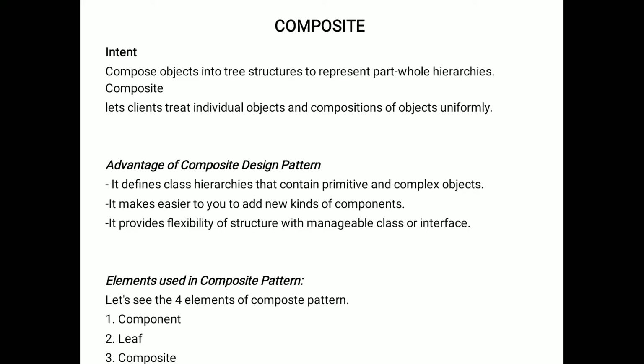It defines the behavior of components having children, and it stores the information of the child components. The composite is having the information of its children, and also it implements the child-related operations in the component interface. And the next is client.